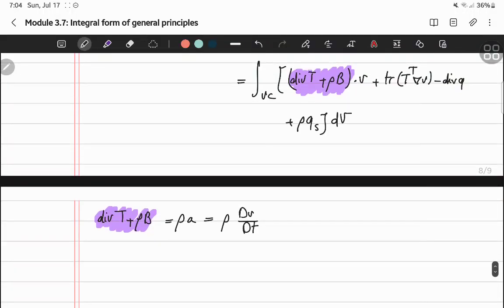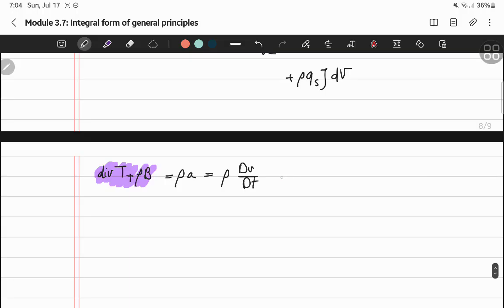And since we have dot v in here, maybe I can write this dot v in here. So we have this dot v and then dot v in here. So we have to see what is this expression in here.